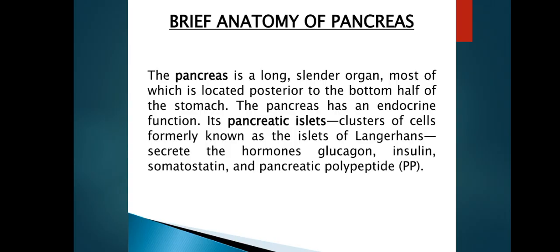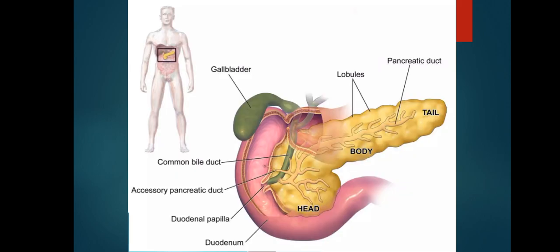These are all the hormones secreted by pancreatic islets. You see the pancreas, here is its tail, the middle region is called the body, and the region attached to the stomach is called the head.